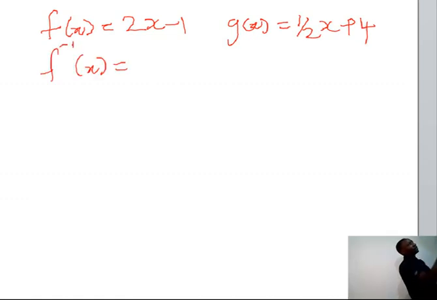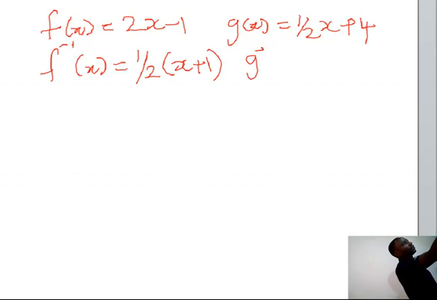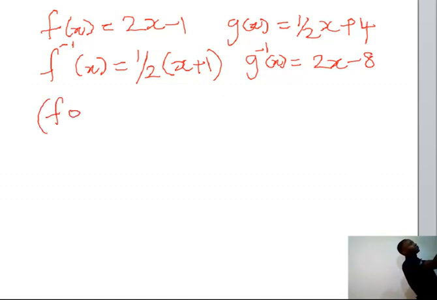We've been able to calculate our f inverse of x to be 1 over 2 into x plus 1, and we've been able to calculate our g inverse of x to be 2x minus 8. Now the next one we are going to be calculating is f compose g inverse of x.